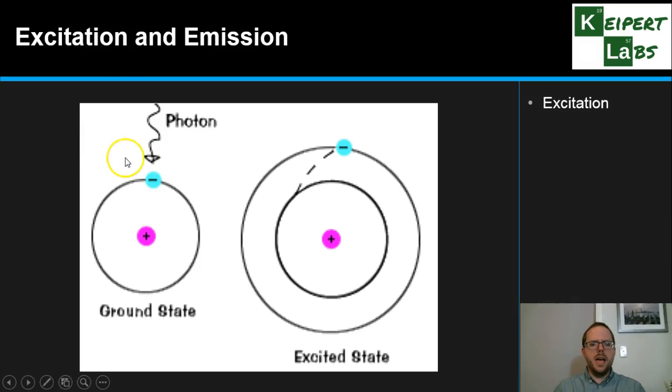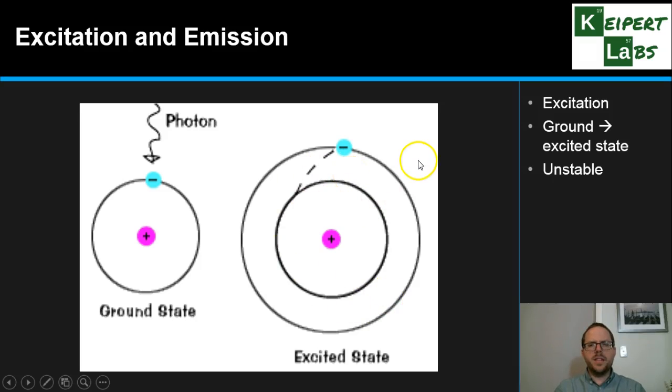But this negatively charged electron moves from a stable ground state, a low energy state, and by absorbing this extra energy, it jumps up to an excited state. Now that excited state exists in a different energy shell.